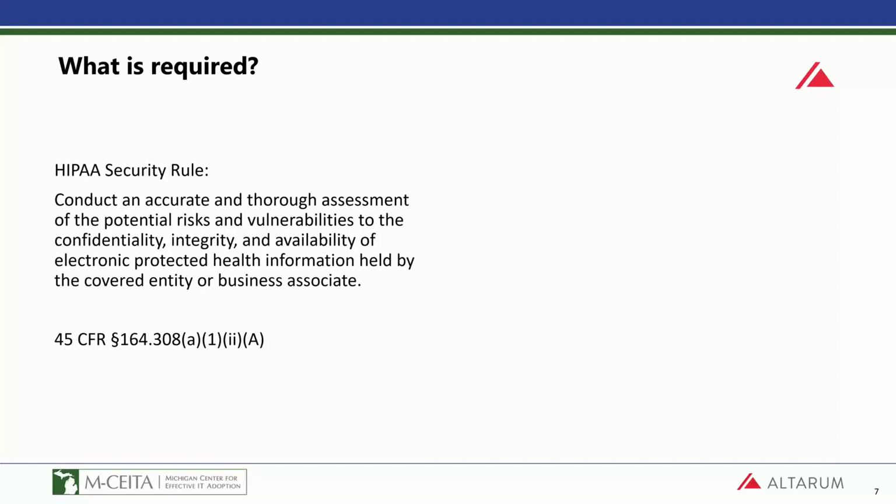And then transmission media is used to exchange information already in electronic storage media, which would include, for example, the internet, extranet or intranet, leased lines, dial-up lines, private networks, and physical movement of removable, transportable electronic storage media.